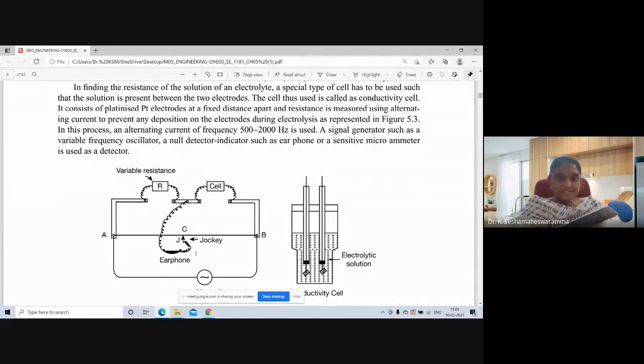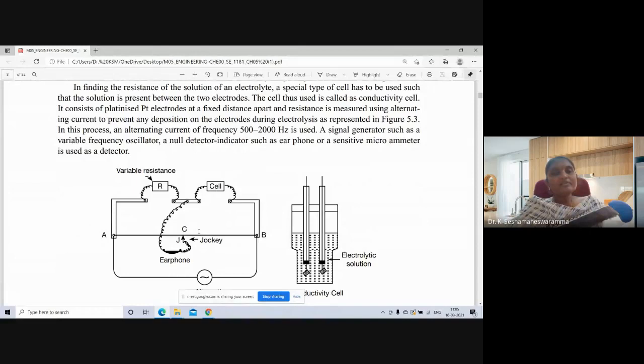This is the detector. This is the conductivity cell. Then this is the earphone. So this is the simple Wheatstone bridge.